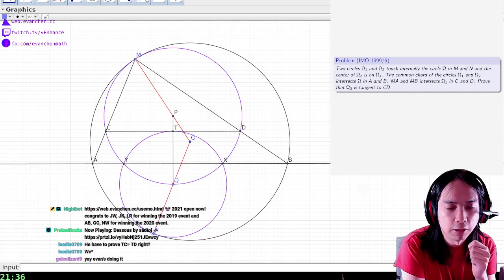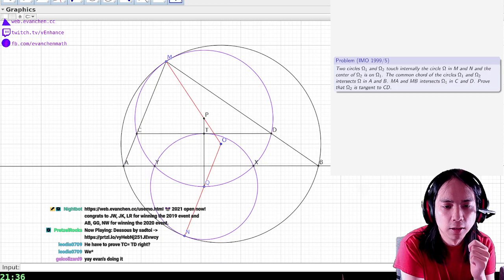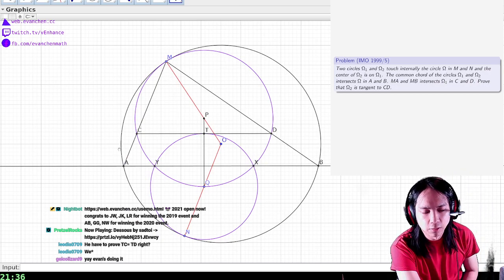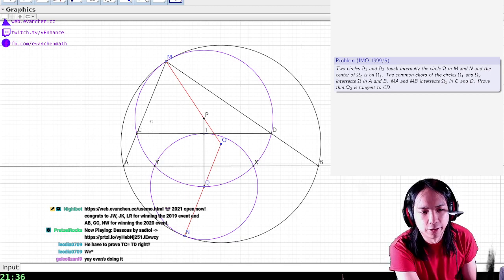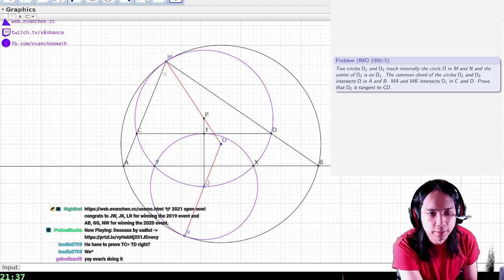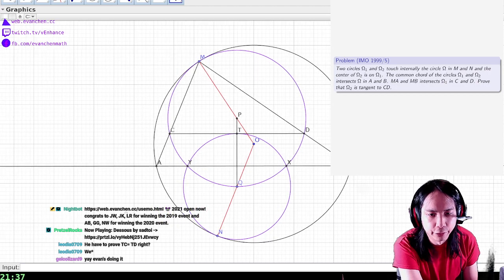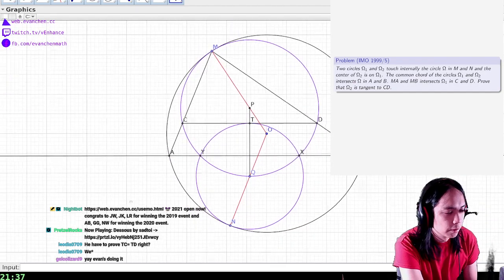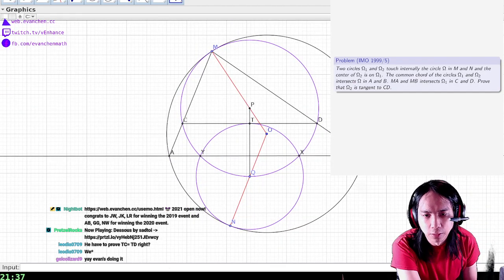Not the way that it's given in the problem. So I think the way we think about this is triangle MCD is given, or maybe triangle MAB, I don't care. But MCD is given, and then I draw a circle, there's a radical axis here so that I can draw the radical center, because points A and B don't seem like they really matter.